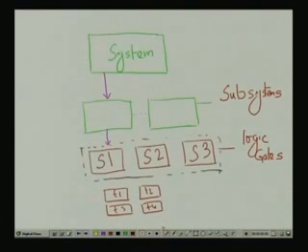Again, it is partitioned into smaller sub blocks, and these are nothing but a set of transistors.